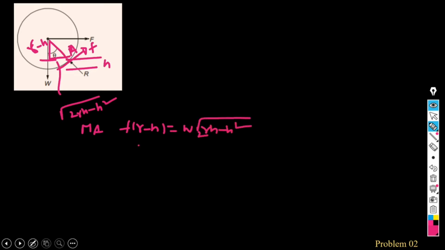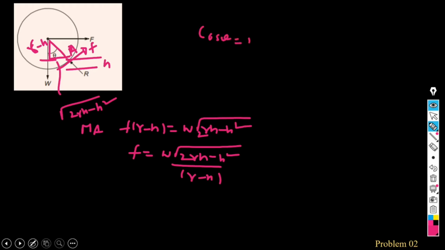Then F is equal to W into square root of 2RH minus H square divided by R minus H. From here, cos theta is equal to R minus H divided by R, and sin theta is equal to square root of 2RH minus H square divided by R.